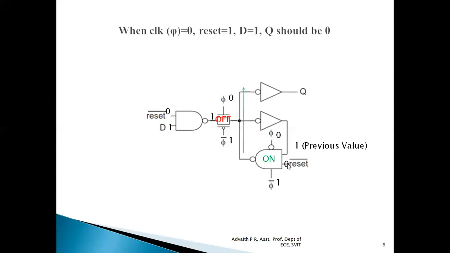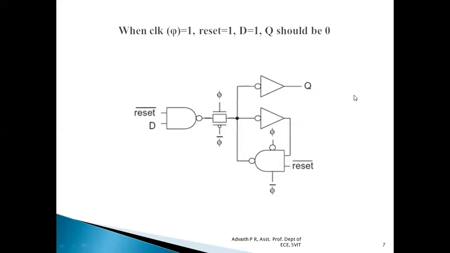So 1 NAND with 0 is 1. So this 1 will be transferred to this particular point. So inversion of 1 is 0. So no matter what is the input of D, whether it is 1 or 0, once reset is activated, reset is high, the output becomes equal to 0, which is proved.